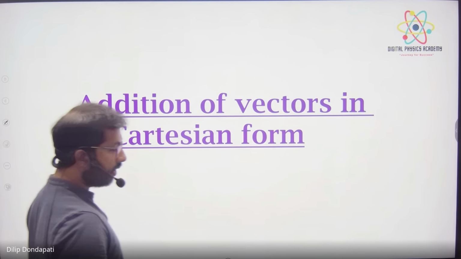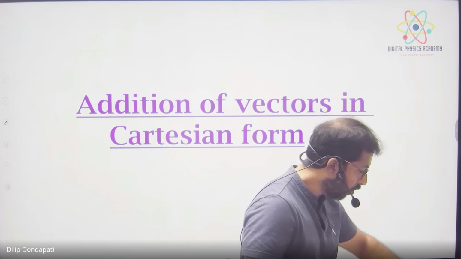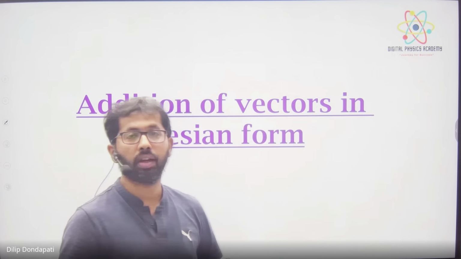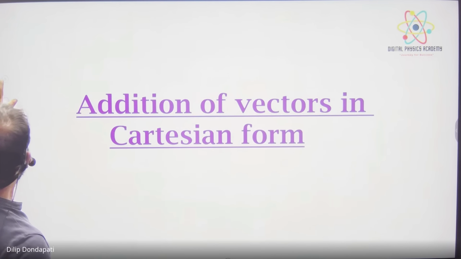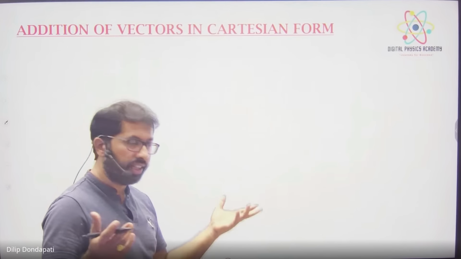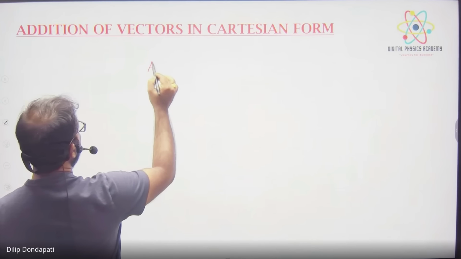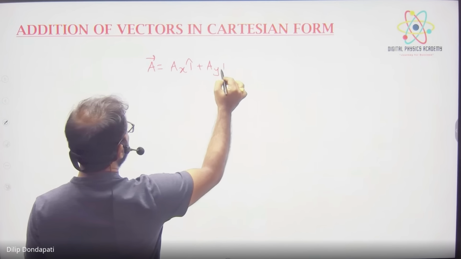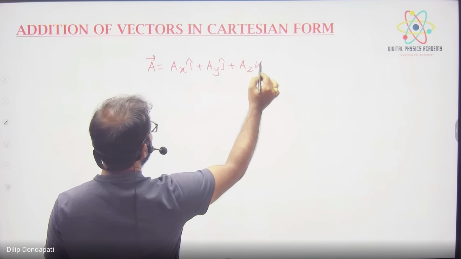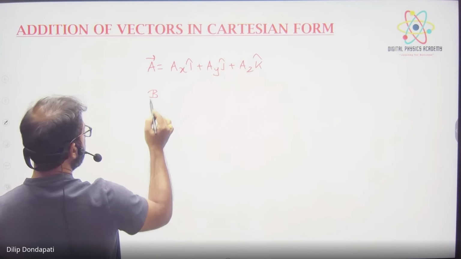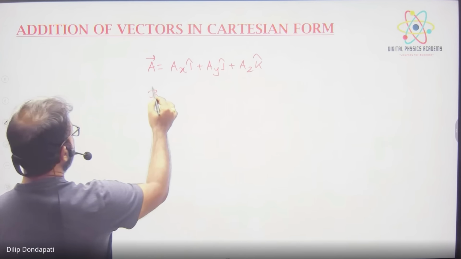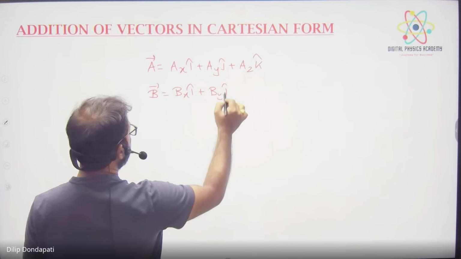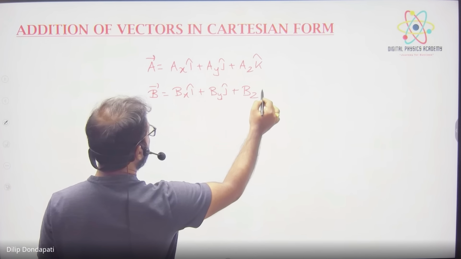Now addition of vectors in Cartesian form. I told you, Cartesian form means whatever is in I cap, J cap terms is called Cartesian form. Now see, we have to add vectors in Cartesian form. That is very easy. Suppose A vector is given as AX I cap plus AY J cap plus AZ K cap. B vector is given as BX I cap plus BY J cap plus BZ K cap.